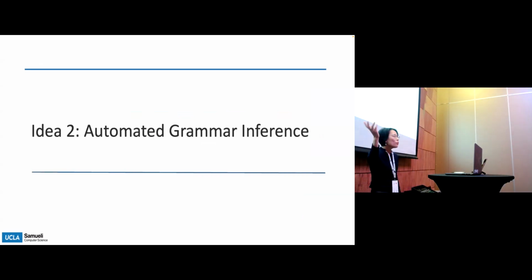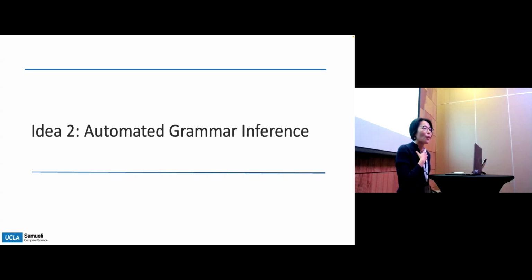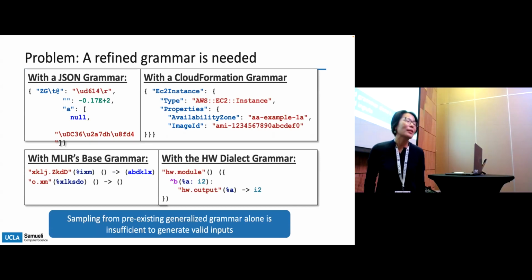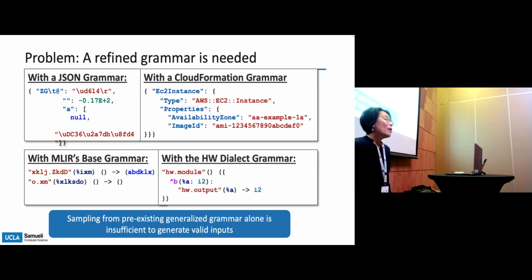Let's now go into three ideas. I will not claim an idea of my own, but I hope that we all talk about them, and about what the problems are. Many people, including Andreas and Caroline and some others, have worked on this domain, and I also came to the same realization that grammar-based fuzzing is a really effective way to go, but a refined grammar is really needed.